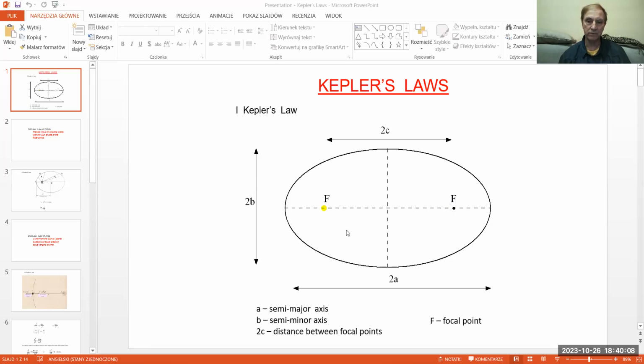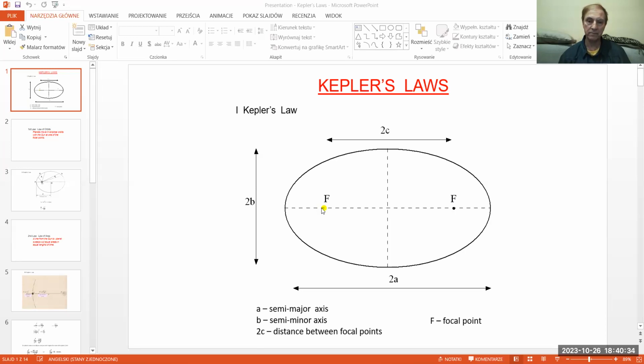And according to the first Kepler's law, the Sun is located in one of the two focal points. In our picture, the Sun is located on the left, the small yellow dot. This is the Sun.